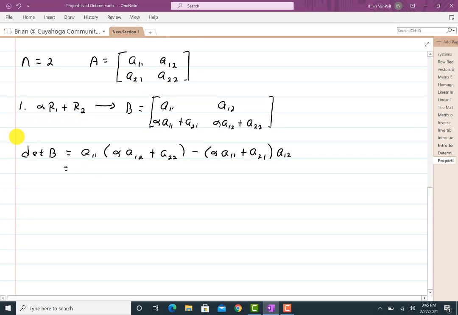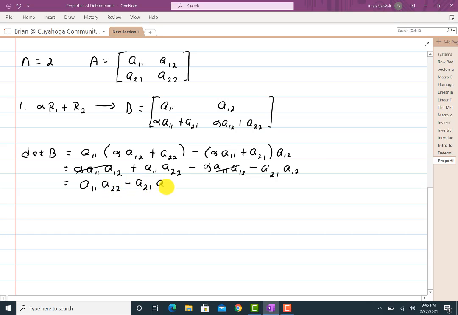I get alpha A11 A12 plus A11 A22 minus alpha A11 A12 minus A21 A12. We can see that this cancels, and we're left with A11 A22 minus A21 A12. If you look back up at A, that is exactly the determinant of A.